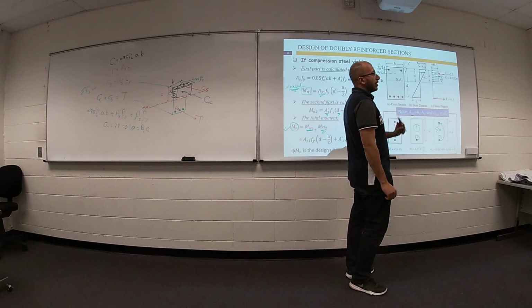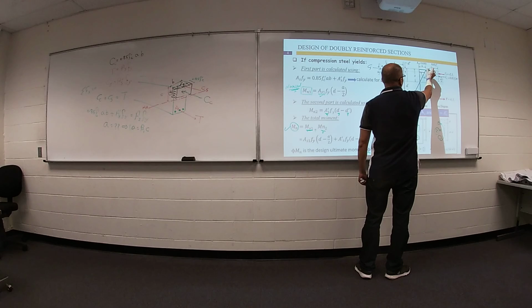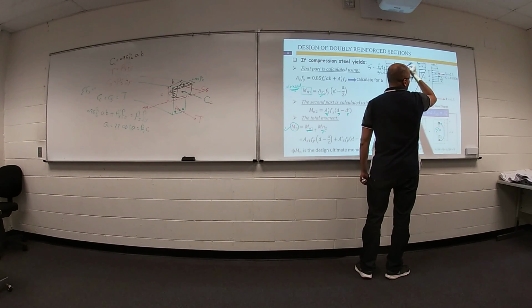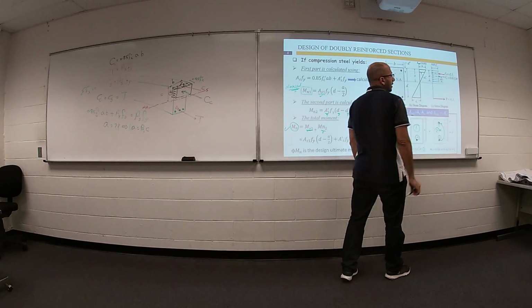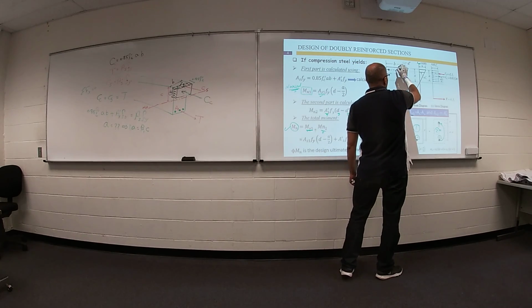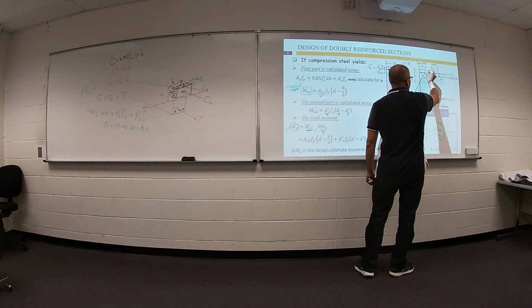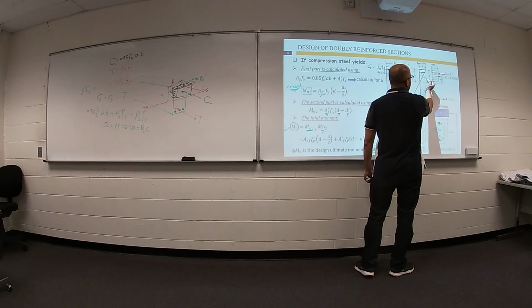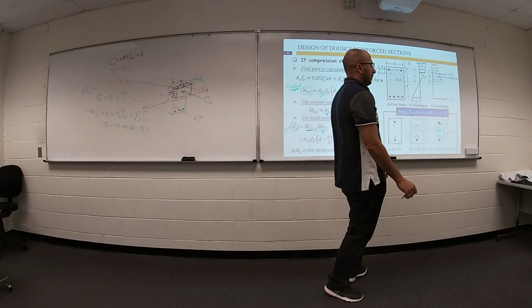Strain distribution. At the top, we have epsilon c ultimate for concrete, which according to ACI equals 0.003. At the location of steel reinforcement in compression, we have epsilon steel prime, the strain in steel in compression.